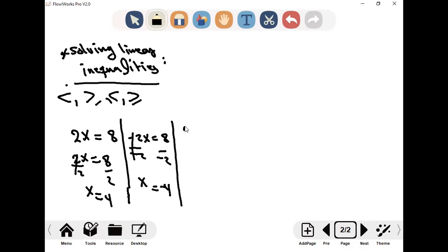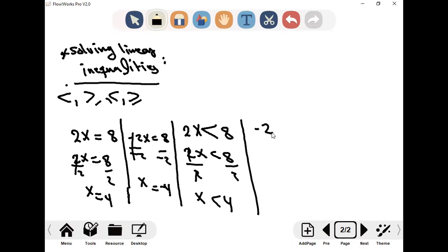For example, if I have 2x less than 8, how will I solve it? I will divide normally by 2. 2x less than 8, divide by 2, divide by 2, so x will be less than 4. Any problem? Okay, this is the difference here. If I have negative 2x less than 8, if you divide or multiply both sides of the inequality by a negative value, you switch the inequality sign.